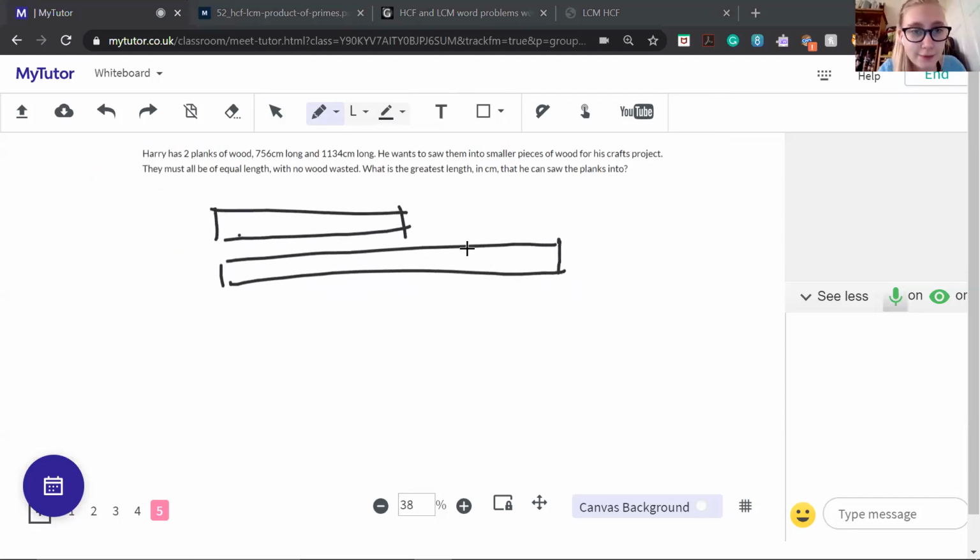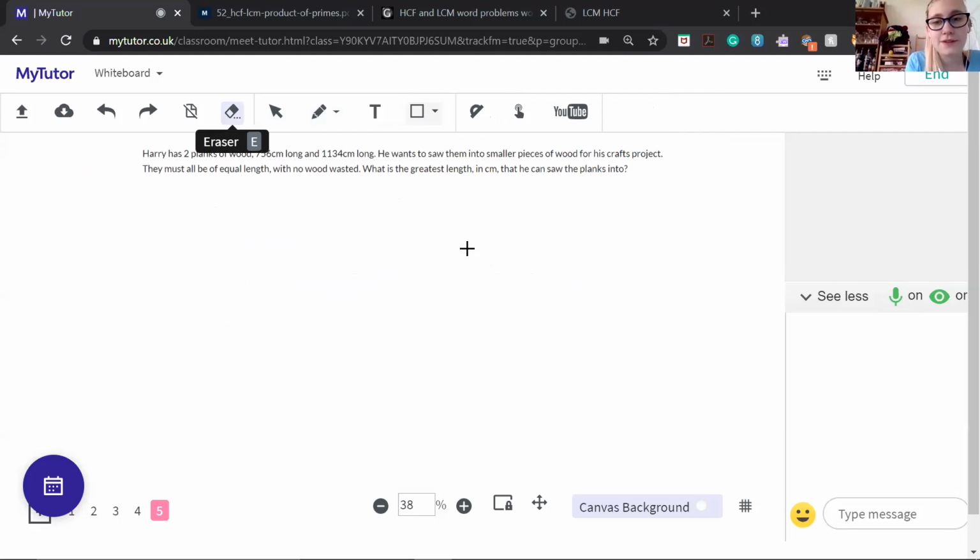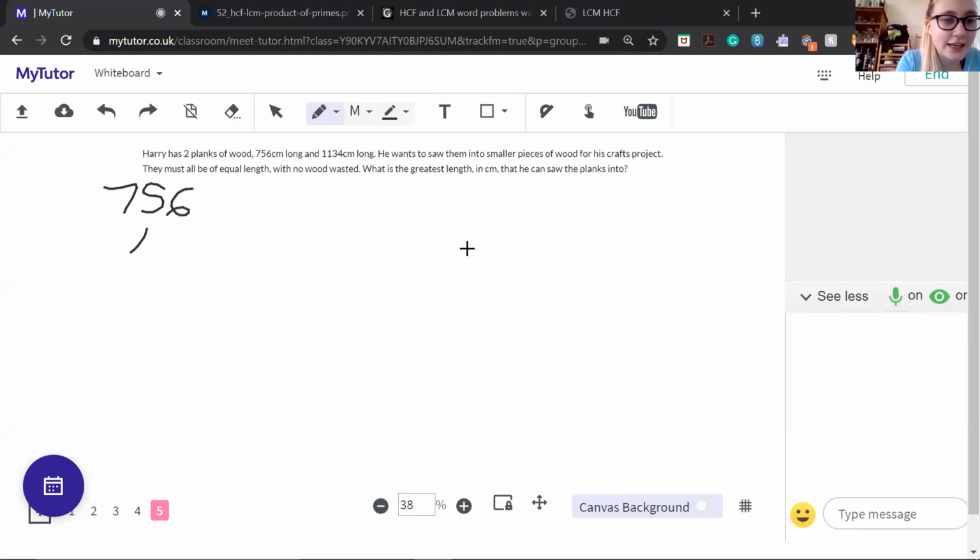So let's break these down into their prime factors. Hopefully this is a bit easier because it's back to highest common factor. So let's break this down. 756, I can see that there's a 2. And, oh gosh, 378.